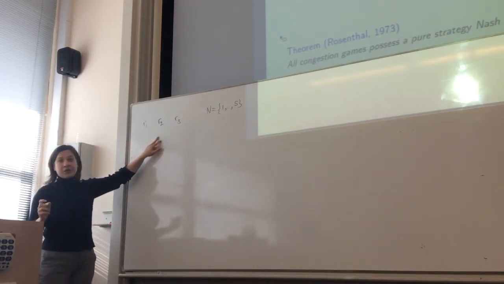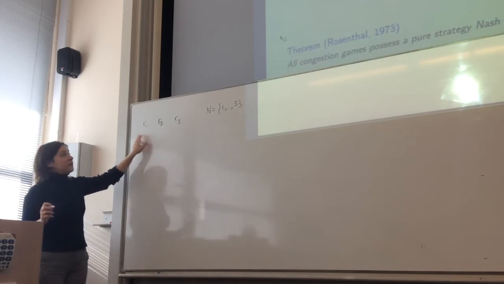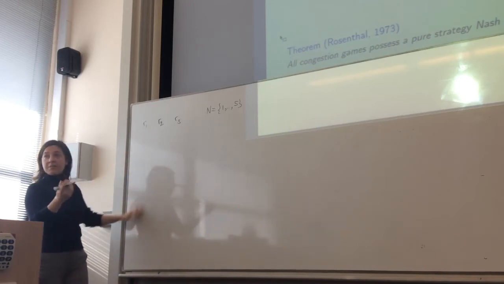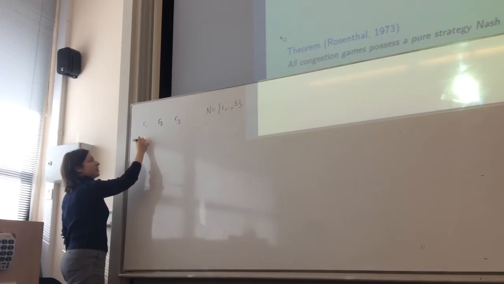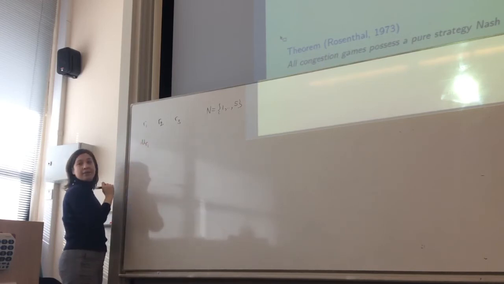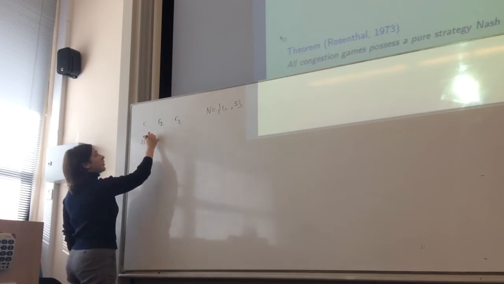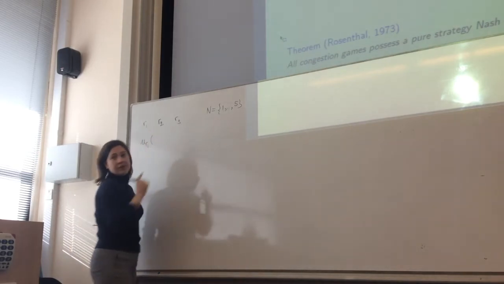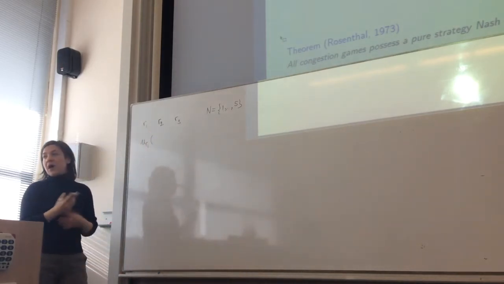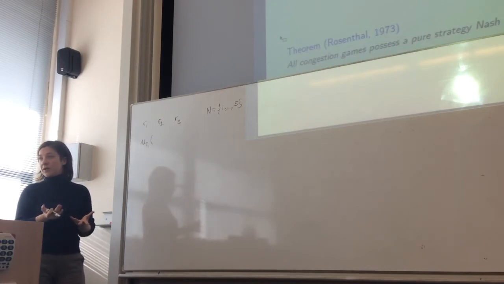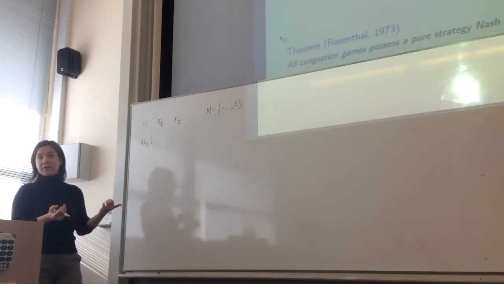Now, for each of the resources, to define the game, I have to specify the utility of each one of them, right, for any possible given congestion. How many possible values of congestion can we have? 1, 2, 3, 4, or 5, depending on how many users we have.